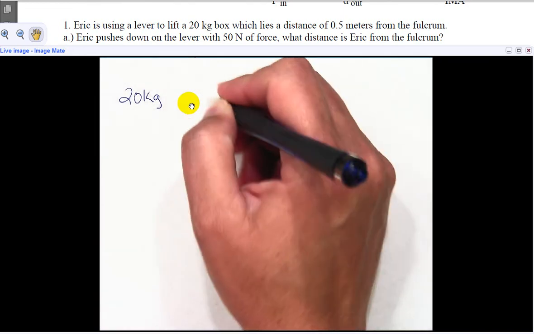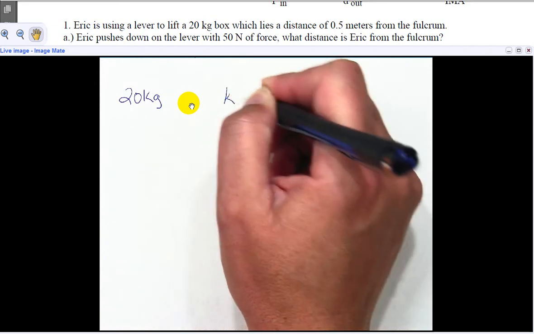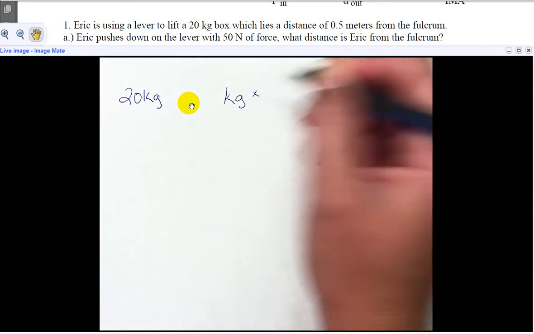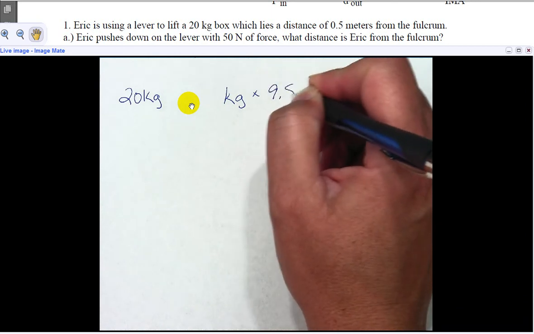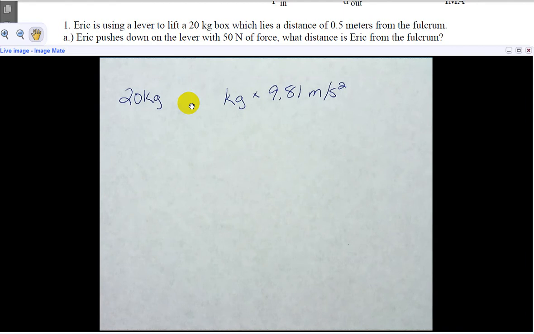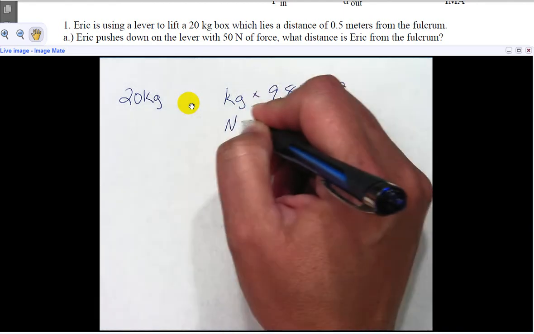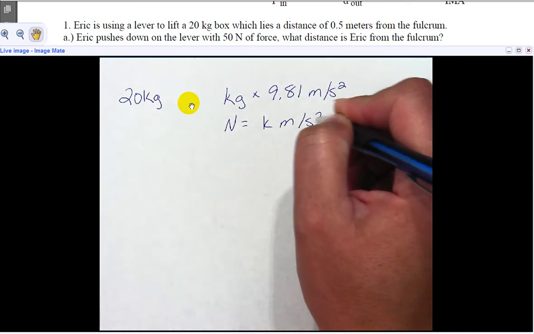To convert it into force, I have to take the mass, kilograms, times 9.81 meters per second squared. If you remember, we talked about what a newton equals. A newton equals a kilogram meter per second squared.